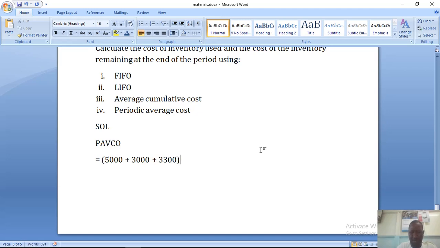So that's the total value. Total value divided by the number of units. On the number of units, we have 1,000 units opening plus 500 units received on another date, plus the 600 units. So that completes the number of units.